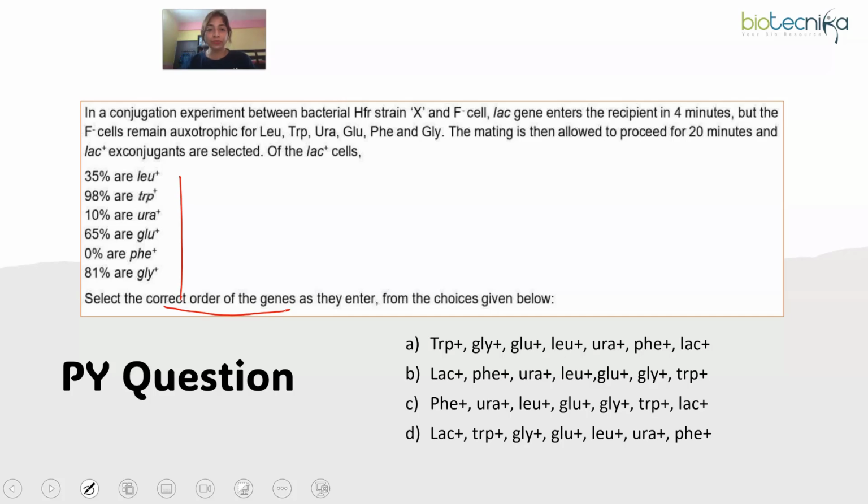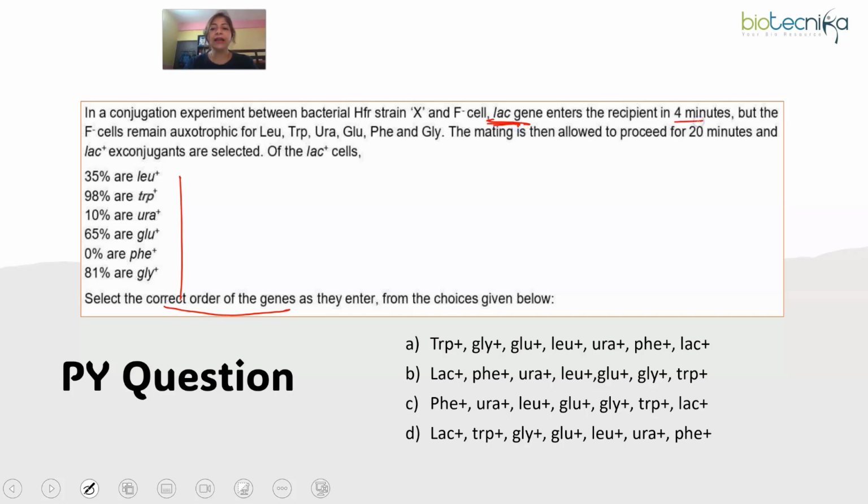So what do we see? For genes placed very far apart from each other, the chance of the recipient cell receiving both genes decreases.